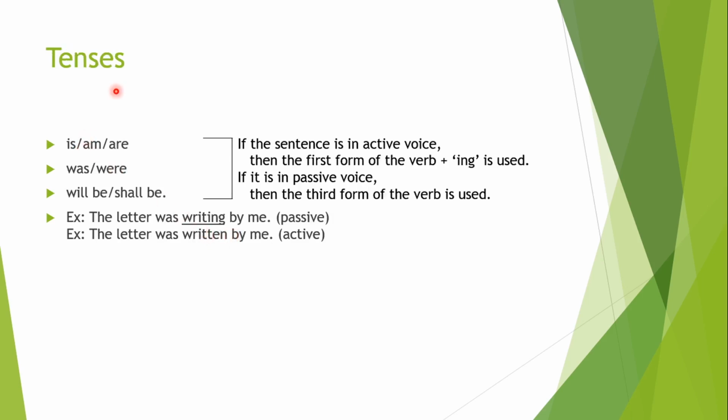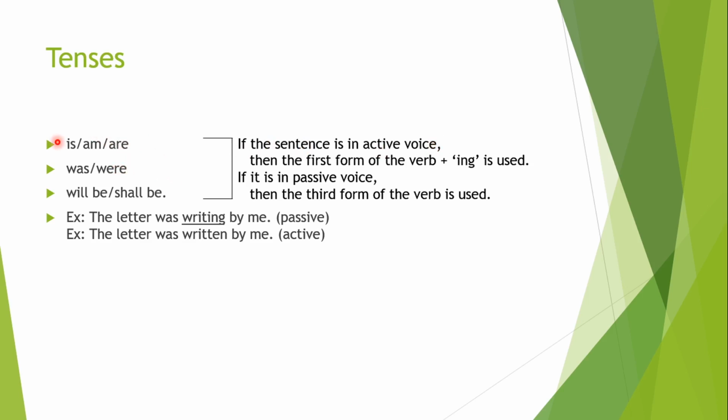Now see, while using tenses, if is, am, are is there, was and were is there, will be, shall be is there. So if these things are used, and if the sentence is in active voice, then you will use the first form of the verb plus ing.